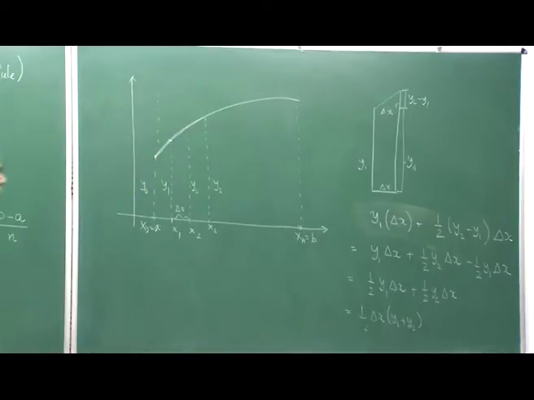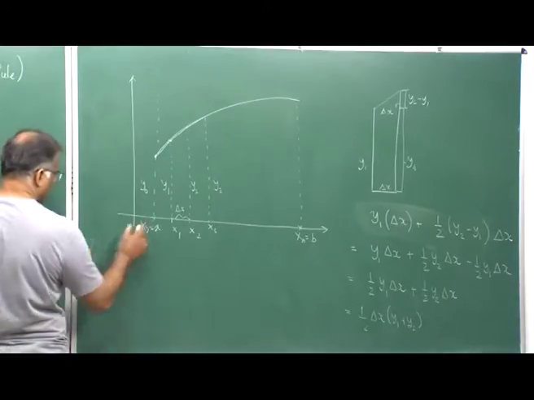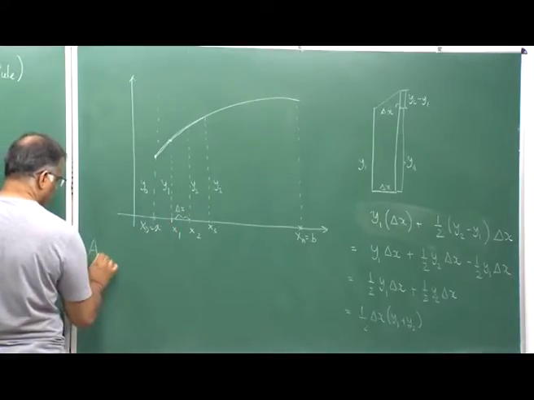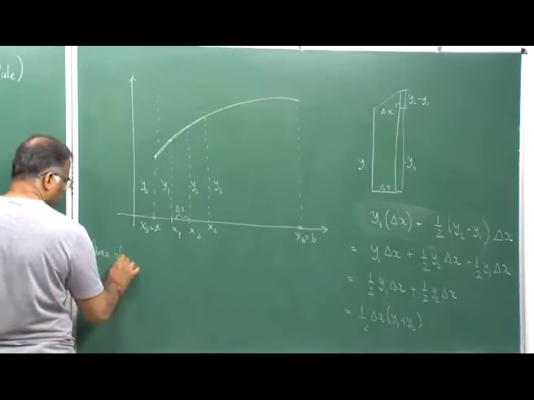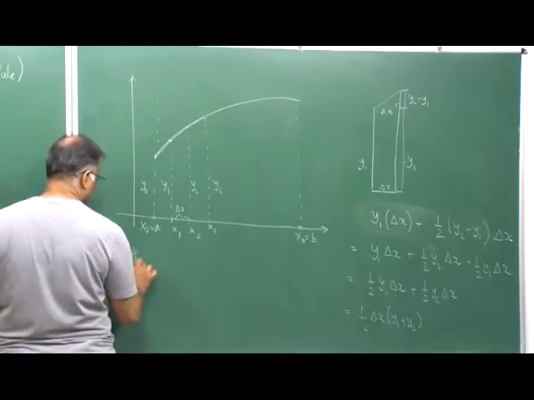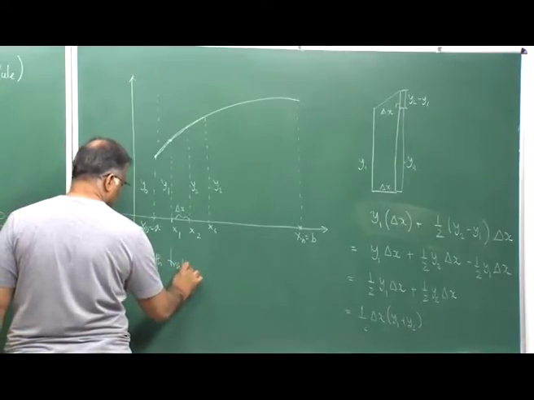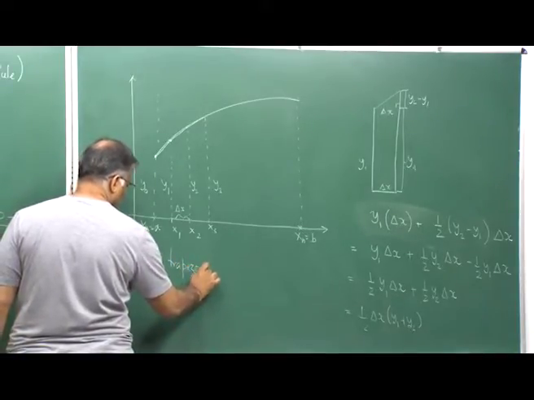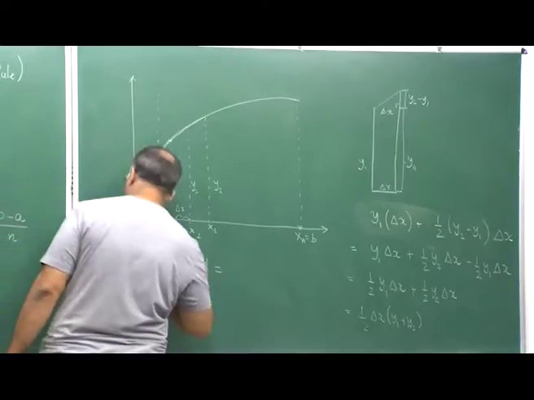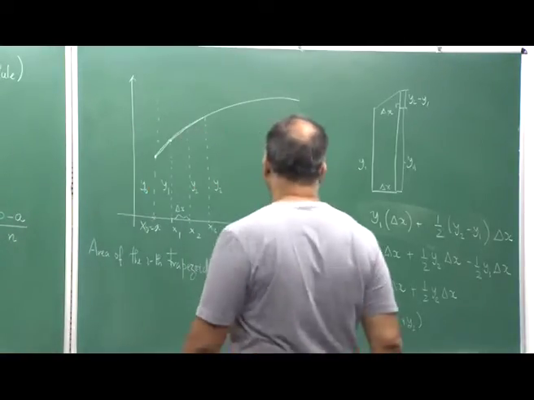Look, once you know about one of them, you know about the other. So, this is the area of the second trapezoid. So, what is the area of the ith trapezoid?